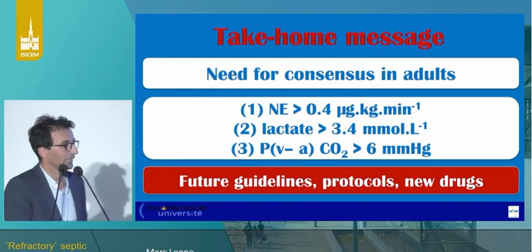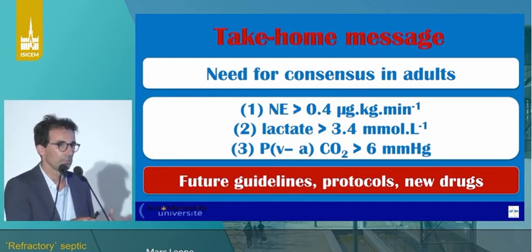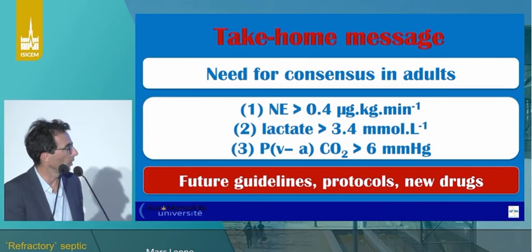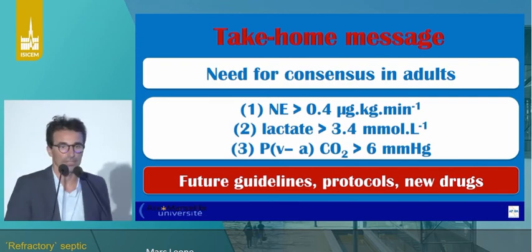This is really needed for future guidelines to know when we need to introduce a second vasopressor or second inotrope, for our protocols and for the approval of new drugs in septic shock. Thank you for your attention.